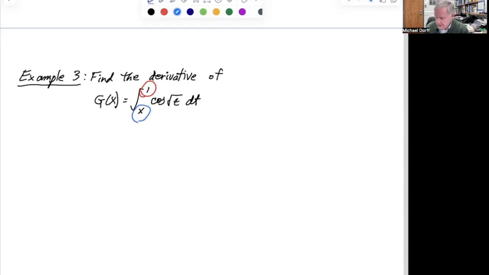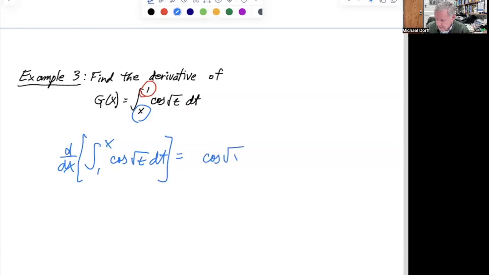The fundamental theorem of calculus says, sorry, let me redo this. The fundamental theorem of calculus says that if I have this and I take the derivative of that, I'm going to get back the cosine of the square root of x.